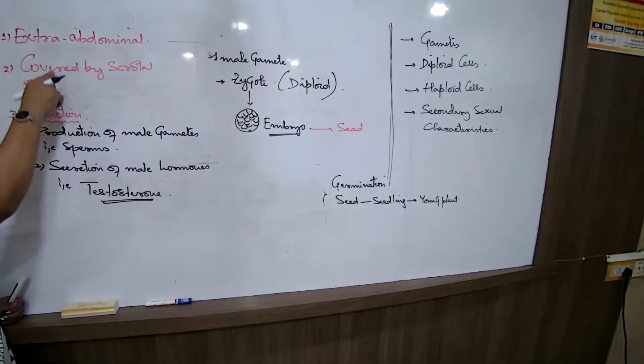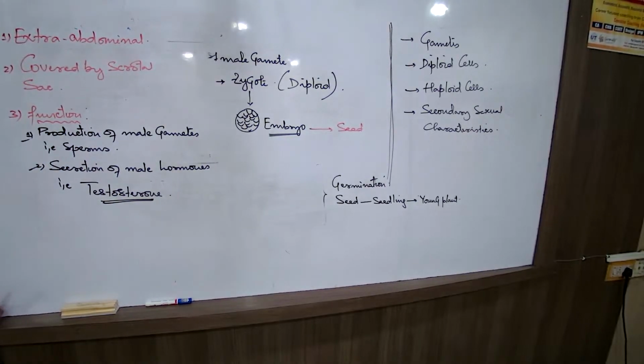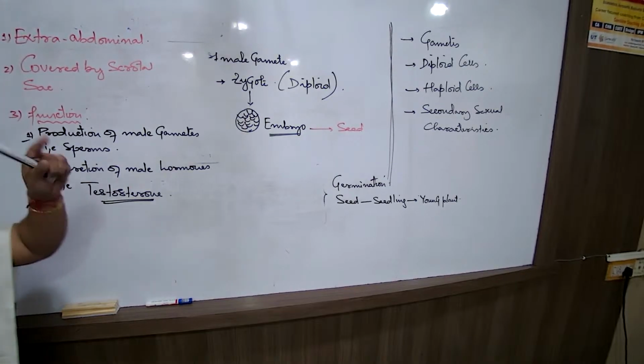Now we go back to these concepts. Why is the testis extra-abdominal? What to write? Why is the testis extra-abdominal? What is the function of the scrotal sac? I just now said it's a muscular bag which will contract, relax from time to time and take the testis at times closer to the body.